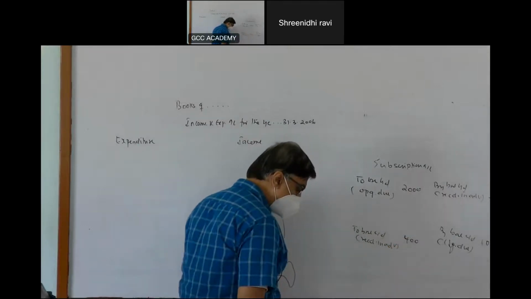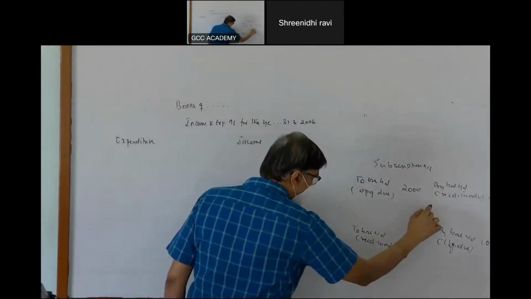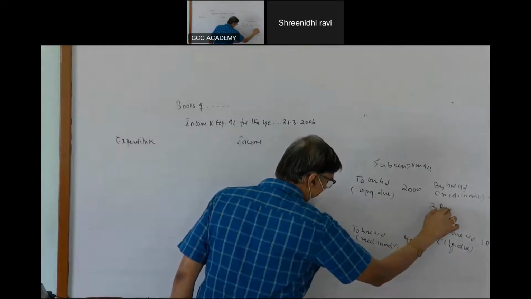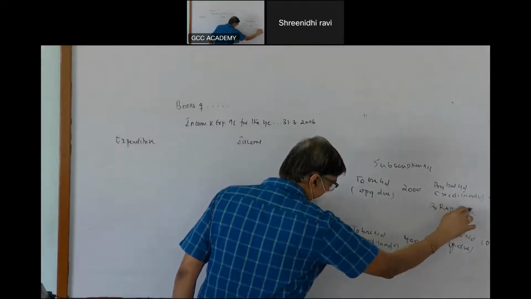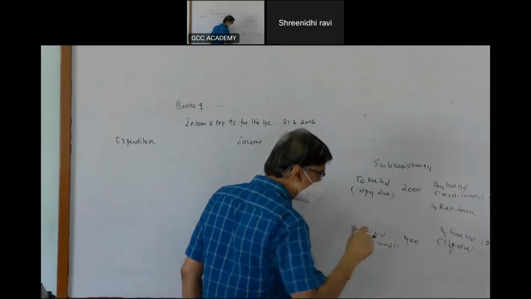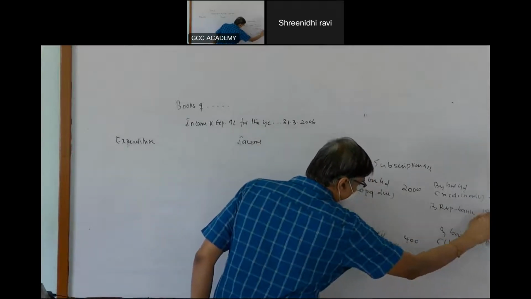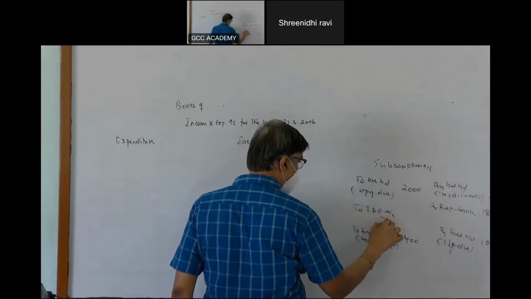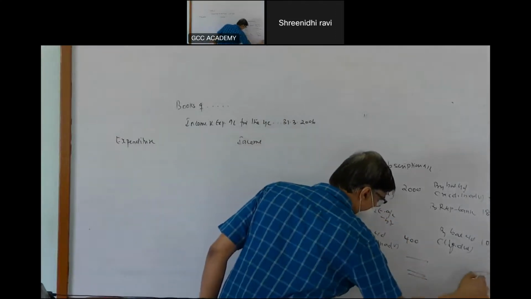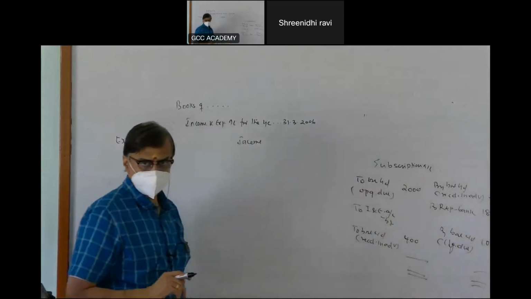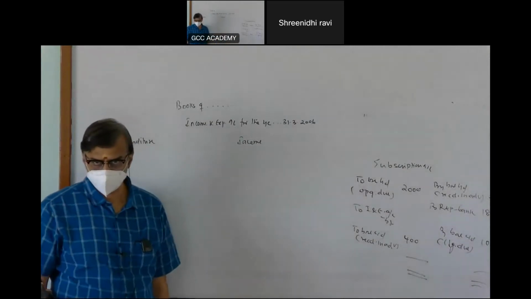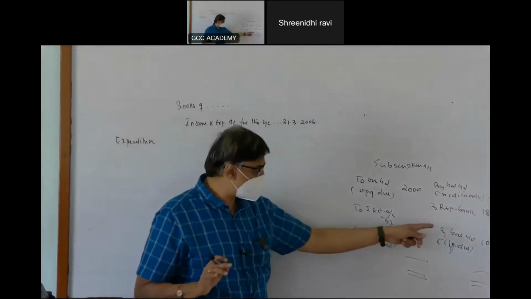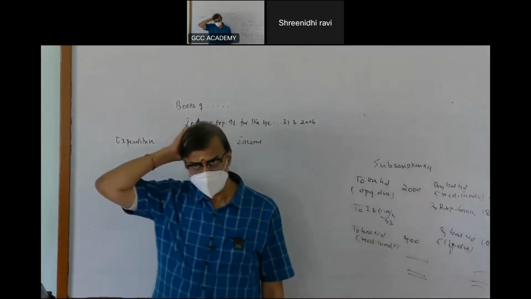And what is the subscription as per receipts and payments? By bank or by receipts and payments? In the receipts and payments account, 18,000. So the balancing figure shows in the income and expenditure account. This is the easiest method. Debit side income and expenditure, credit side receipts and payments.